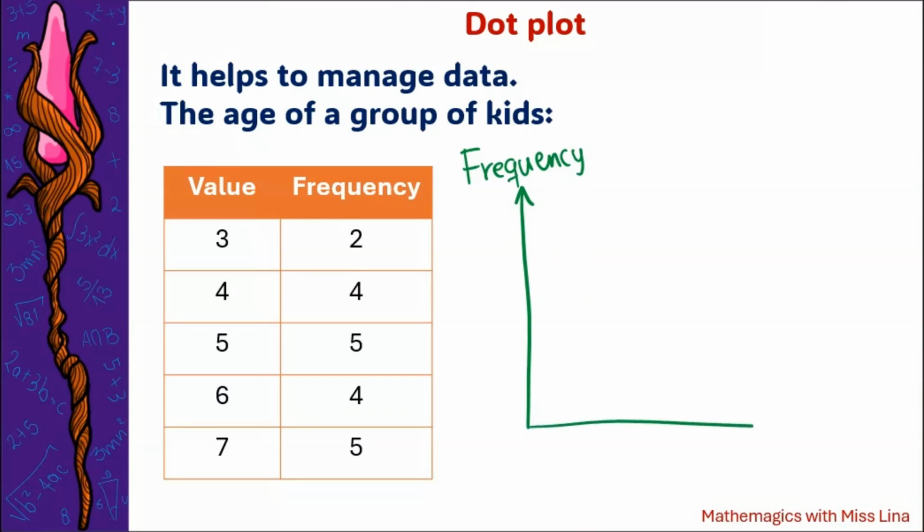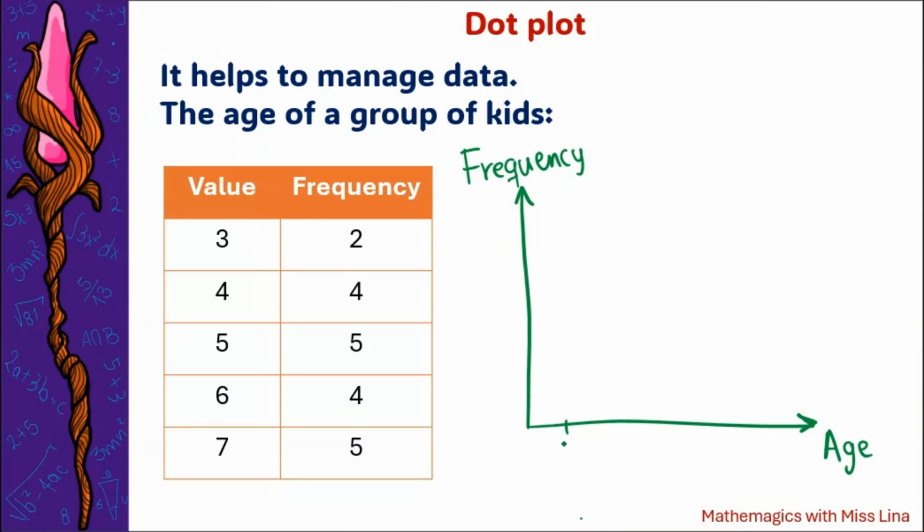And in the horizontal axis, we are going to have the data. In this case, the age of the kids in the group, because notice it says the age of a group of kids. So that means that there are two kids with 3 years old, four kids 4 years old, and so on. So in the horizontal axis, we need to find the ages that we are talking about.